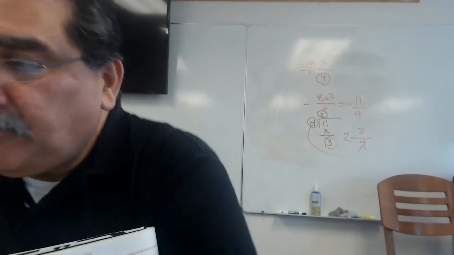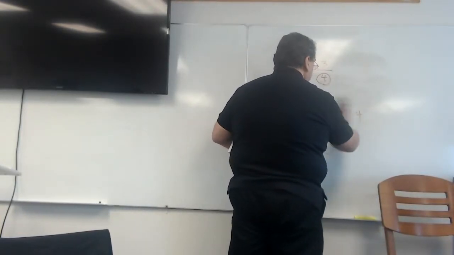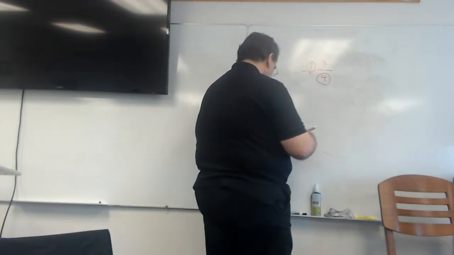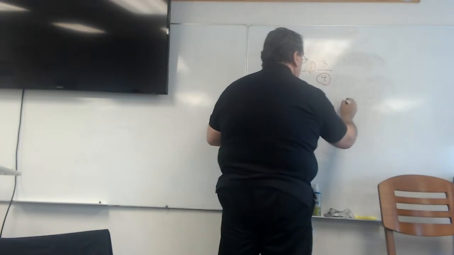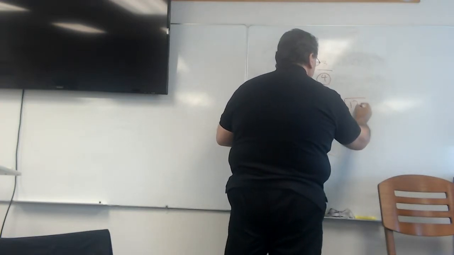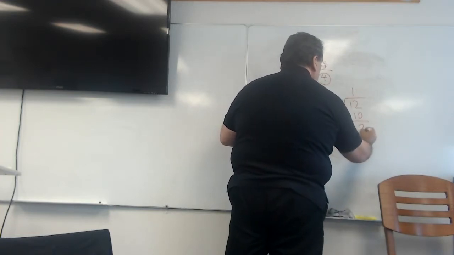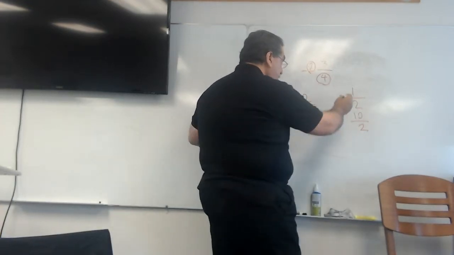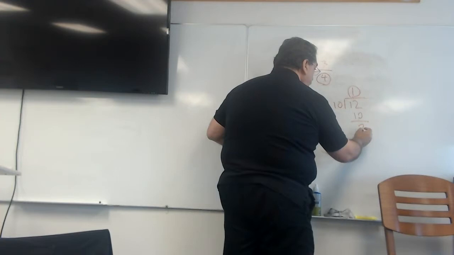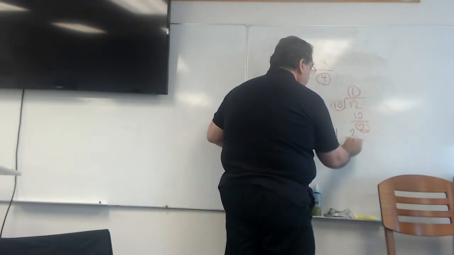Let me do that again. We have 12 over 10. 12 divided by 10 equals 1 time, with a remainder of 2. Remember, the quotient becomes your integer, the remainder becomes your numerator, and the denominator remains the same.